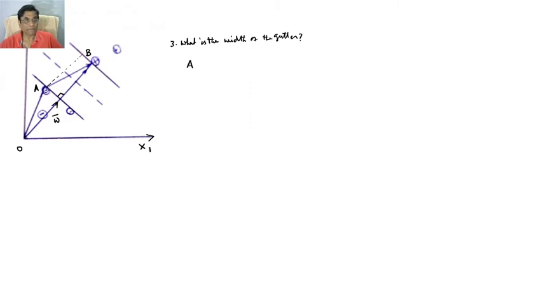This is a support vector belonging to the positive class, and this is a support vector belonging to the negative class. So I got the distance vector between them, and then I take its projection to get the width. So AB dot W is the width of the gutter, isn't it?